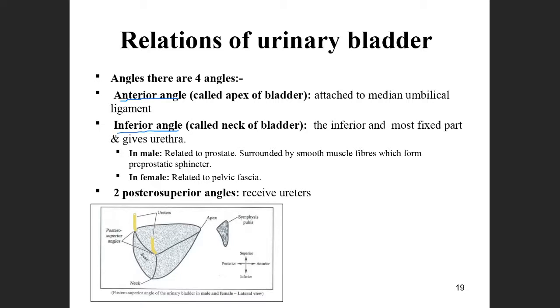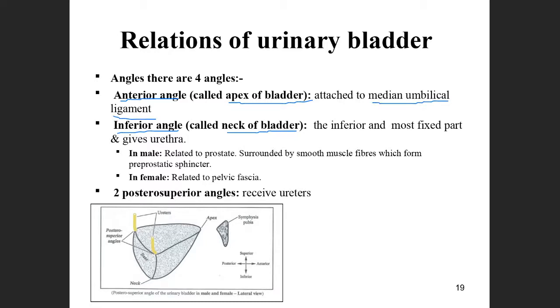The anterior angle is also called the apex of the urinary bladder. The inferior angle is also called the neck of the urinary bladder. To the anterior angle, a structure called the median umbilical ligament is attached.